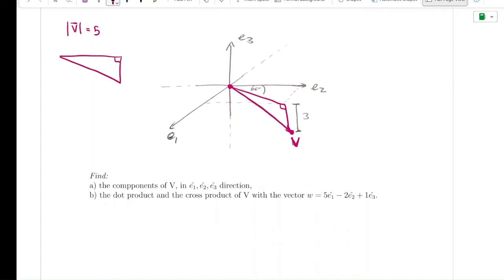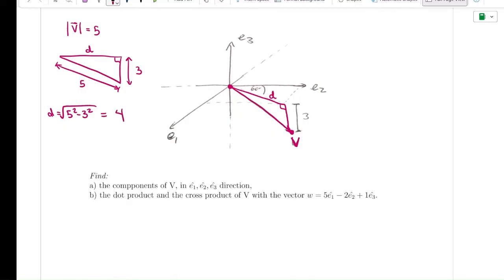This distance is 3, and then we know this distance is 5. So just from Pythagorean theorem, this distance, which I'll call d, is equal to 5 squared minus 3 squared, square rooted, which is equal to 4.